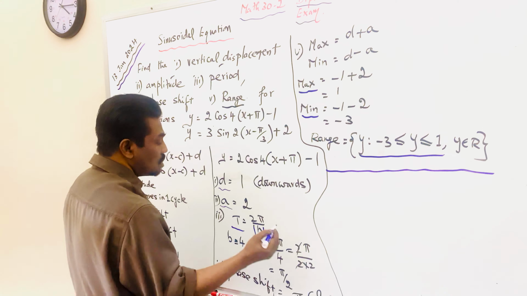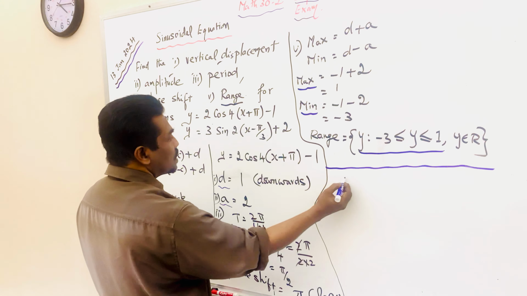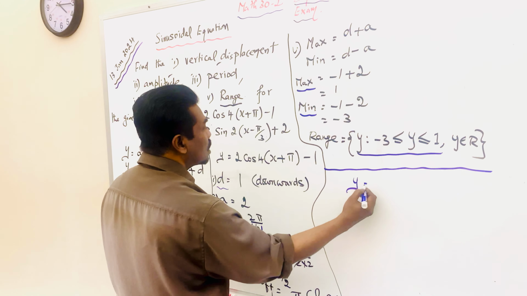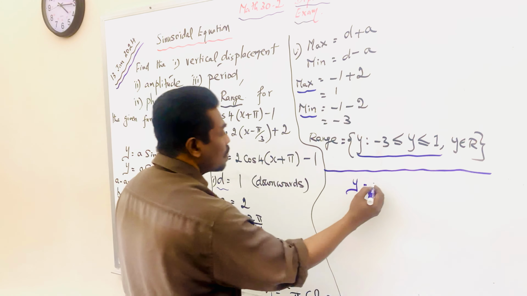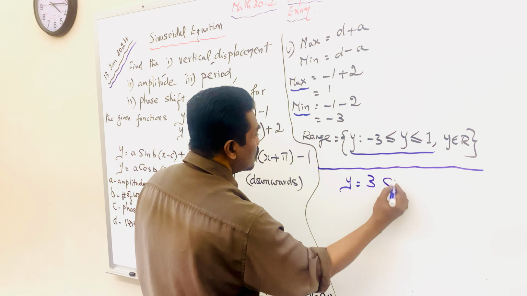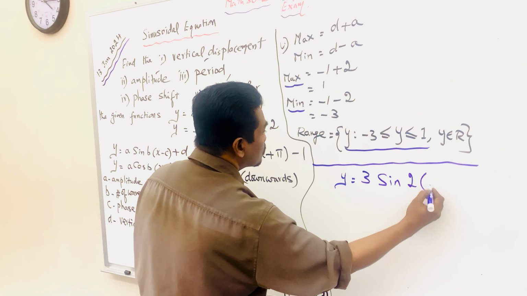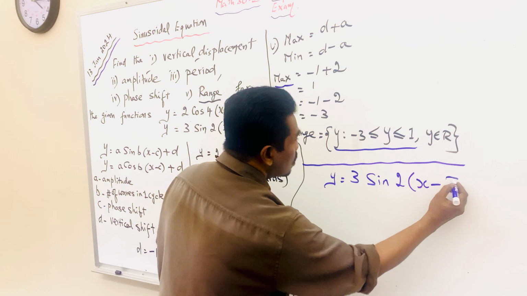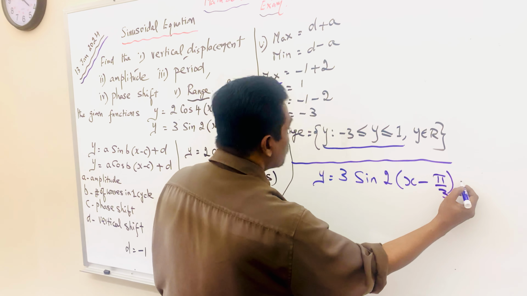The next function, I write it in a different color: Y equals 3 sine of 2x minus pi over 3, plus 2.